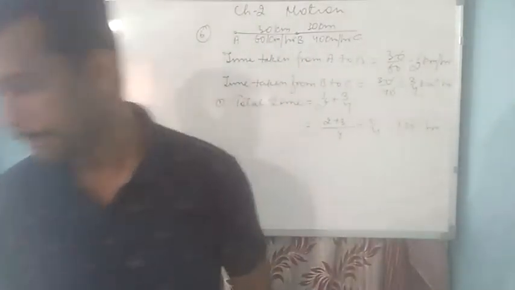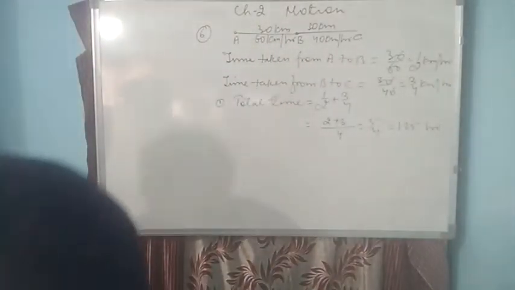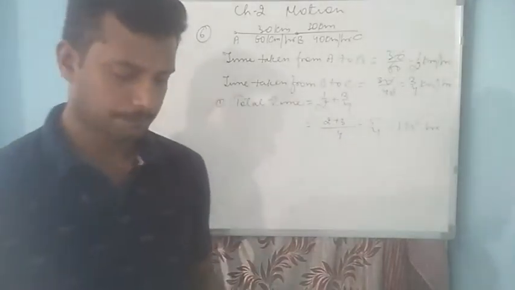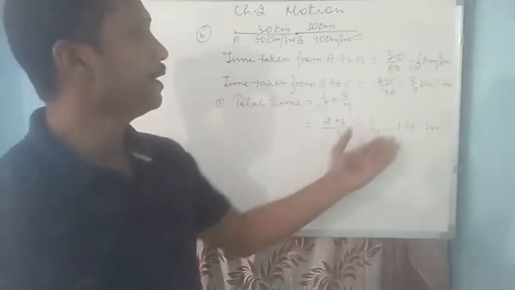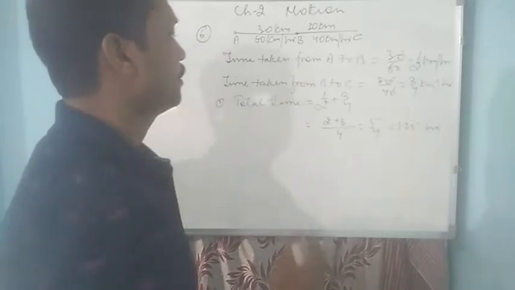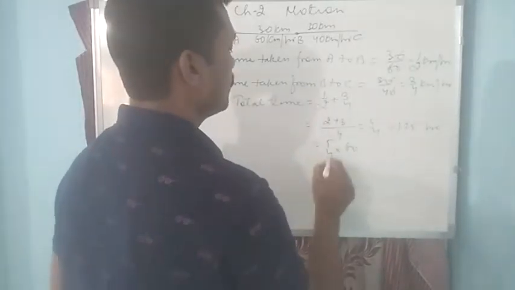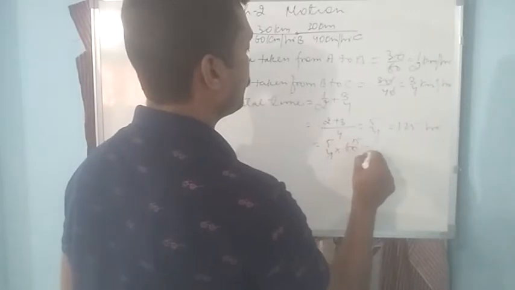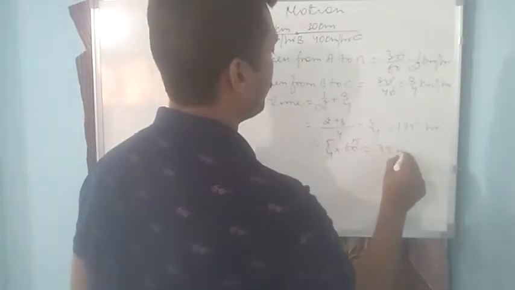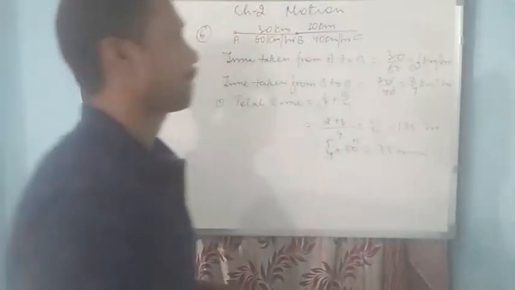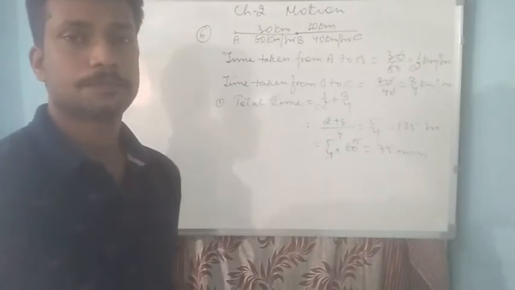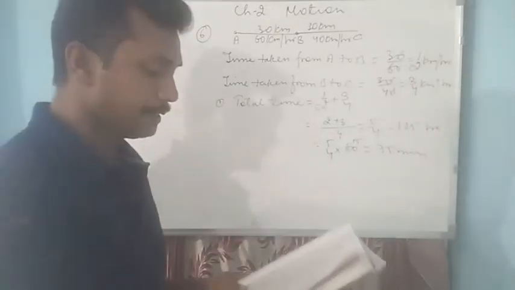So this is the time. This can also be changed to minutes, which will be 5 by 4 into 60, that is 5 fifteens, 75 minutes. So this is the time taken.